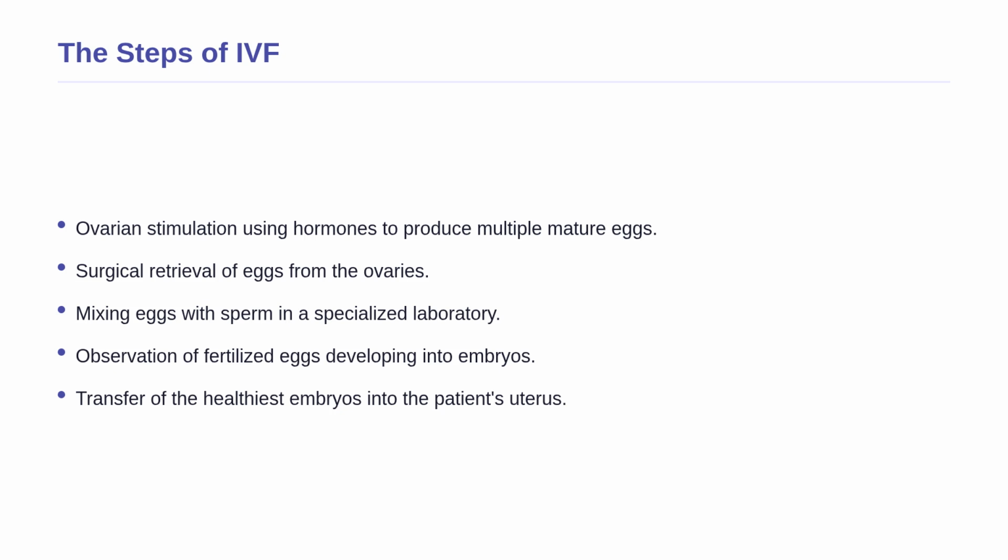These eggs are then surgically retrieved and carefully mixed with sperm in a specialized laboratory setting. Once fertilized, the eggs develop into embryos over a few days under strict, round-the-clock observation. Finally, one or more of the healthiest embryos are transferred directly into the patient's uterus. If the embryo successfully implants into the uterine lining, a pregnancy begins, continuing exactly as it would in a natural conception.